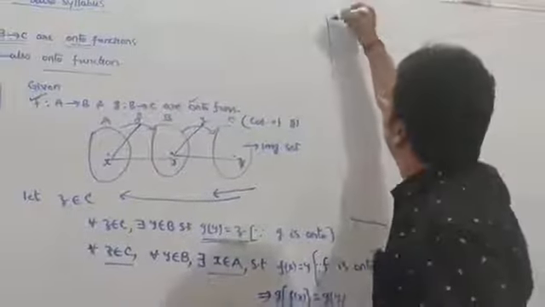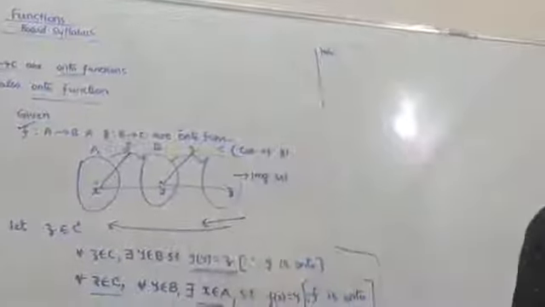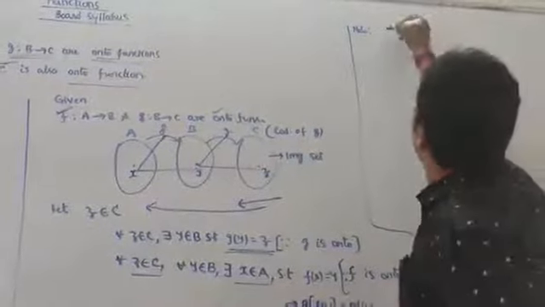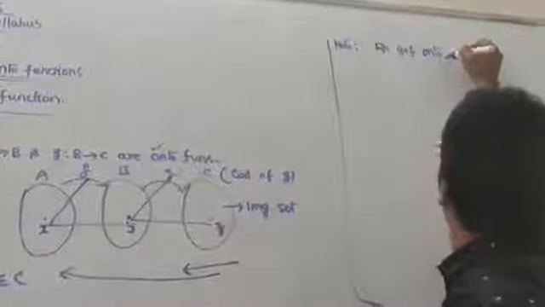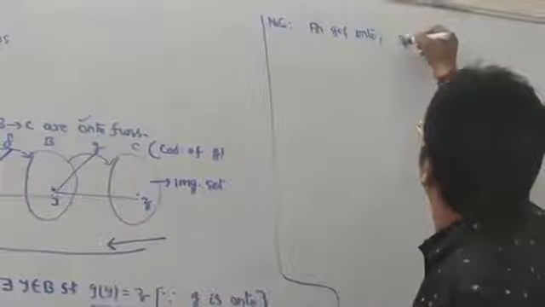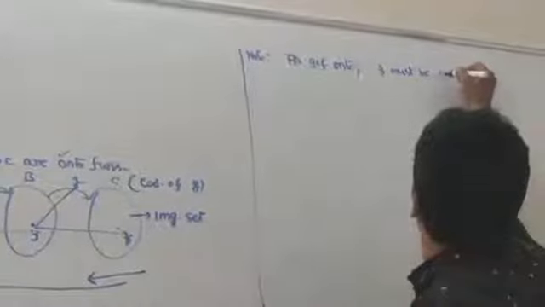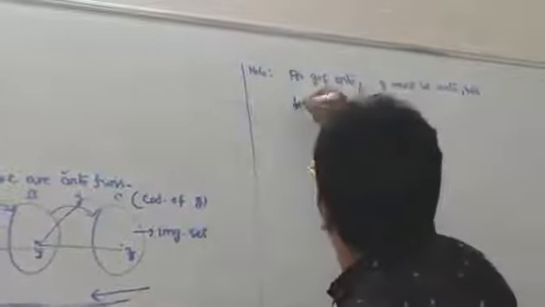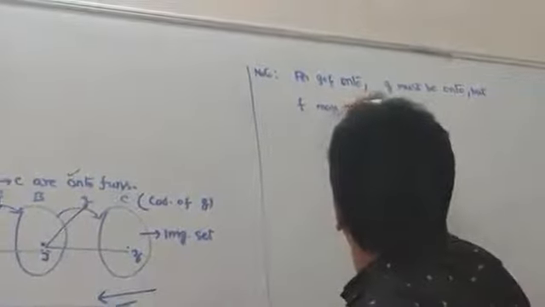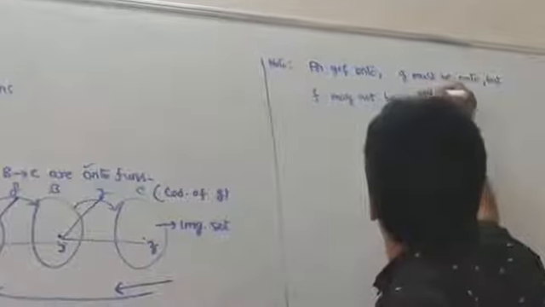Here, note, most important note. For g circle f to be onto, g must be onto, but f may not be onto.